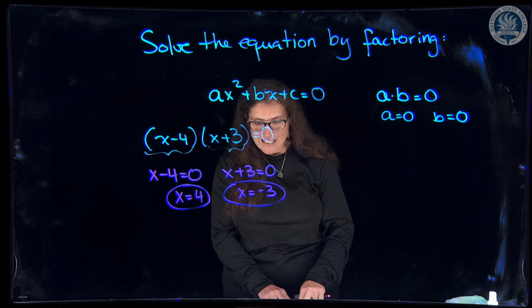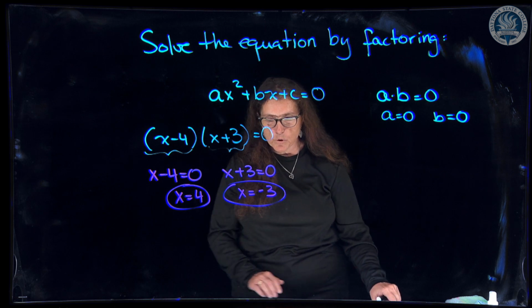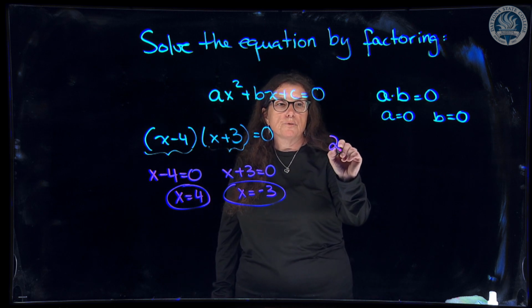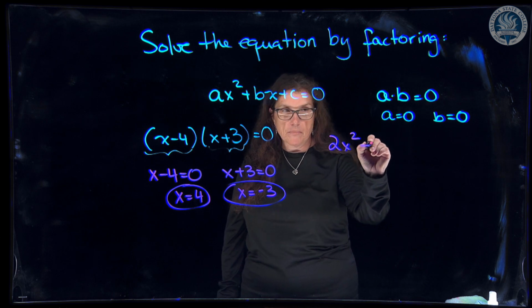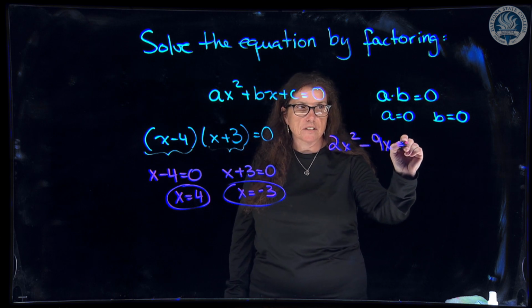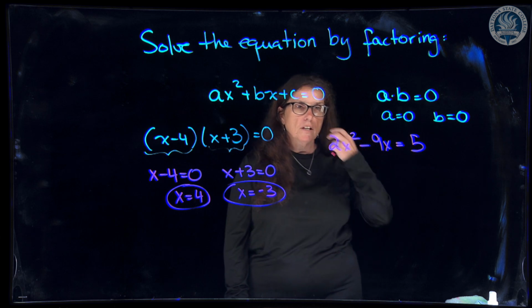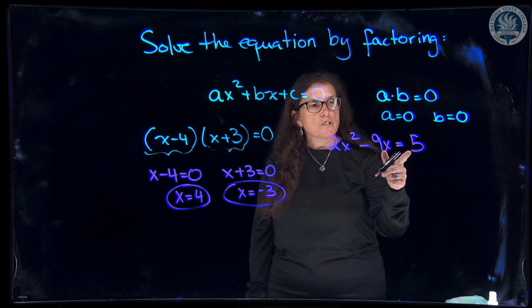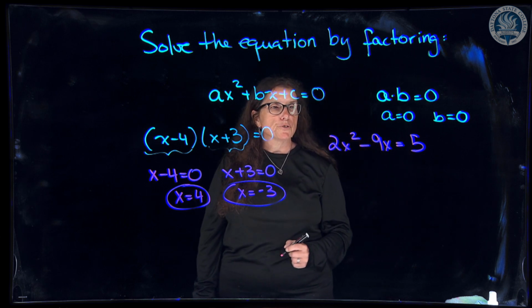Let's do something that is a little bit more challenging. Let's take a look at 2x squared minus 9x equals 5. Okay, definitely quadratic equation. First step, we need to set it equal to 0.